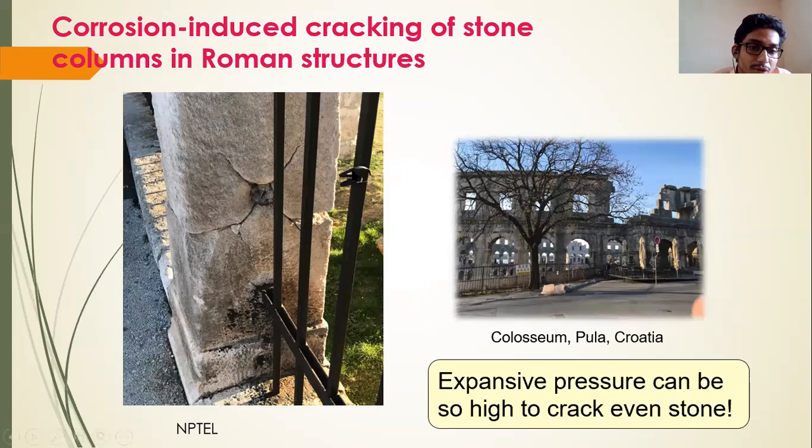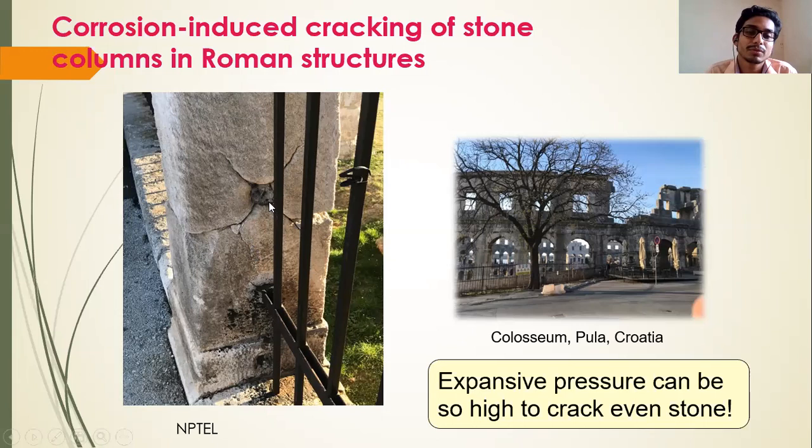It's actually a natural rock, and this is a steel bar which is drilled inside. When it suffered from corrosion, you can see how much expansion and how much cracking happens. If it can crack a rock, it can easily crack concrete, which is a human-made rock.